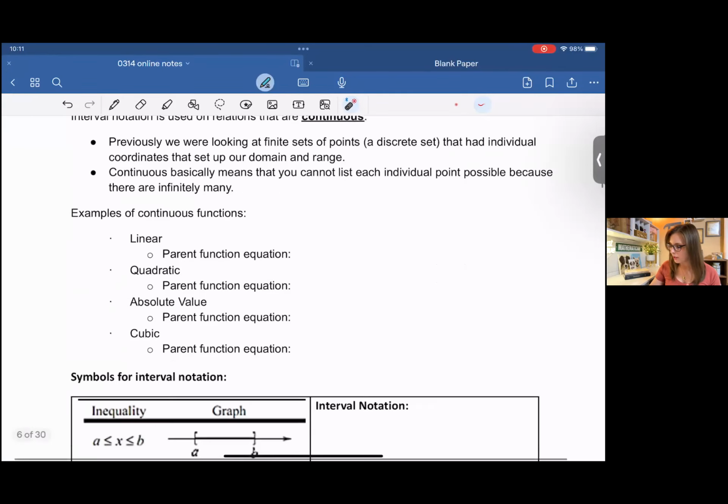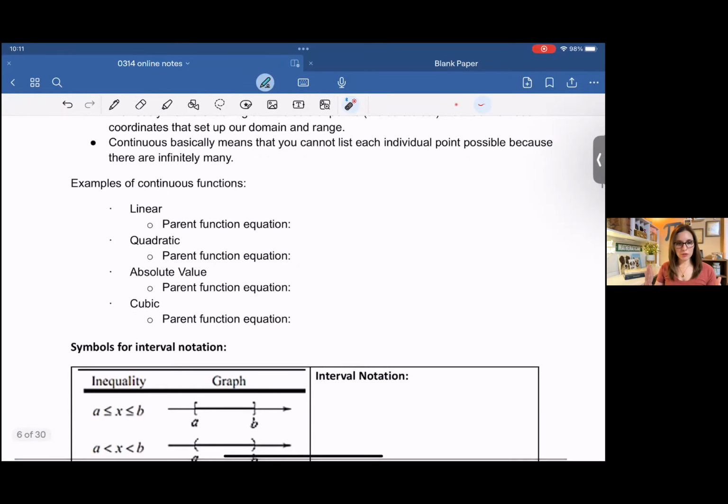Some examples of continuous functions, I already mentioned a few of them: linear, quadratic, absolute value, cubic, all polynomial. There's lots, but those are just a few examples. When I say parent function, I mean that function in its simplest form. So the parent function of a linear function is y equals x.